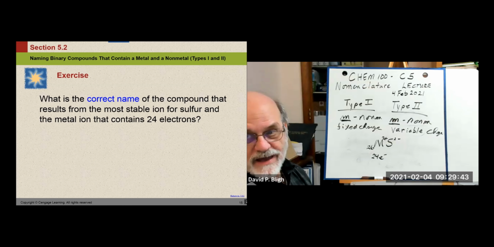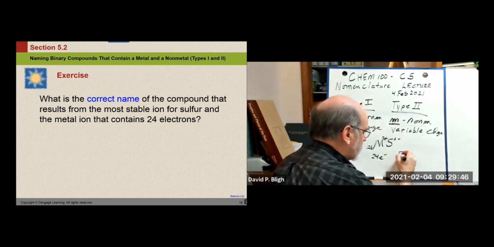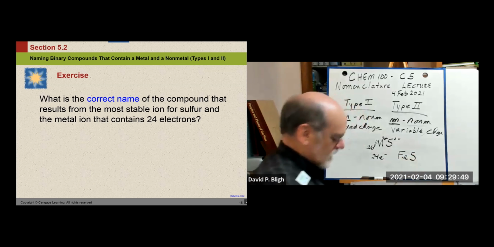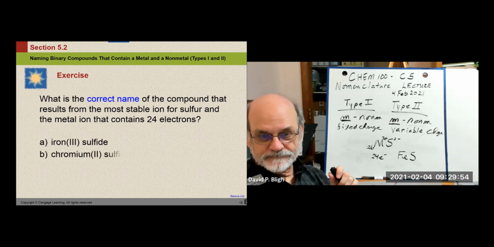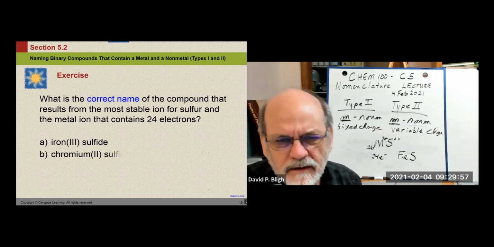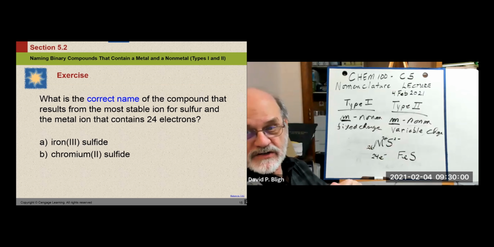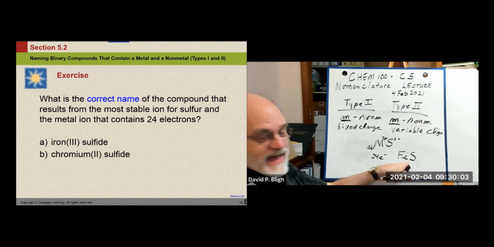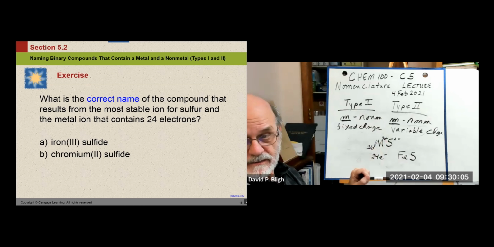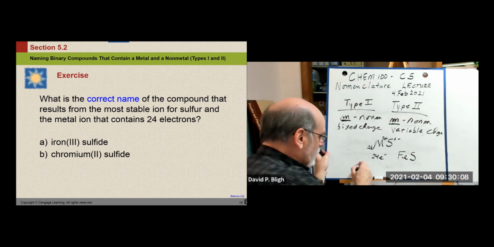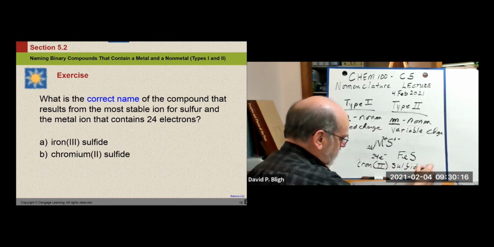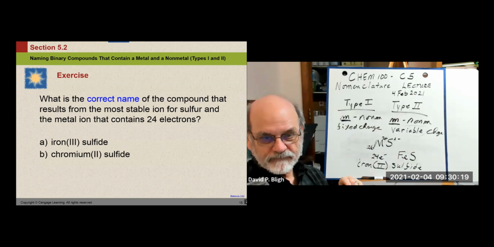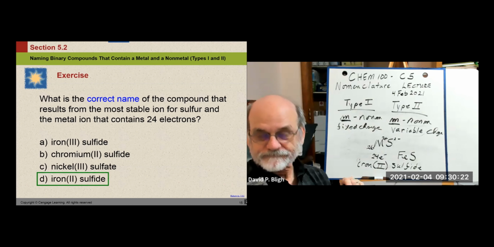It's iron, Fe. So it's FeS. Oh, wait a minute. What's the correct name? Okay, sorry, I didn't finish answering the question, did I? If it's FeS and the charge is 2+, then we say iron 2 sulfide. Okay?